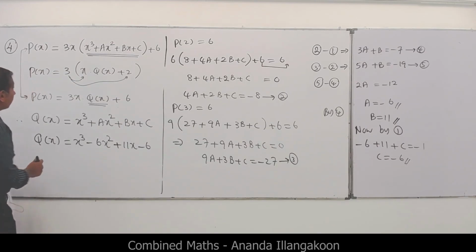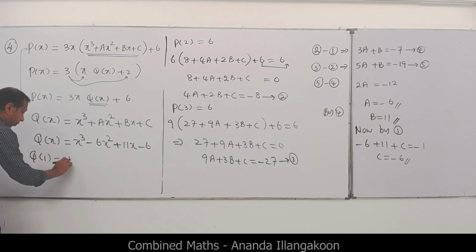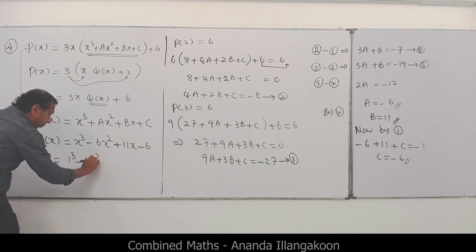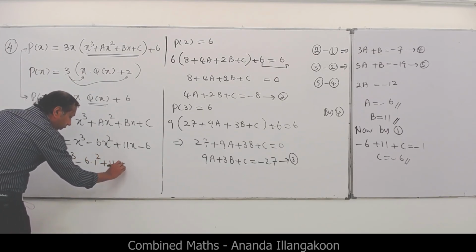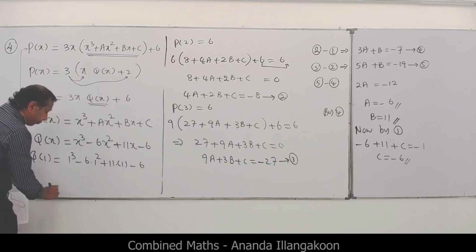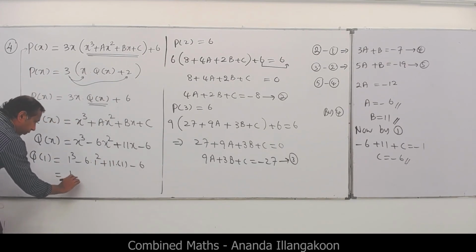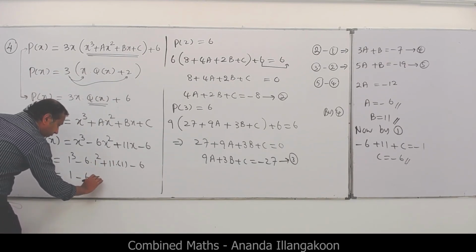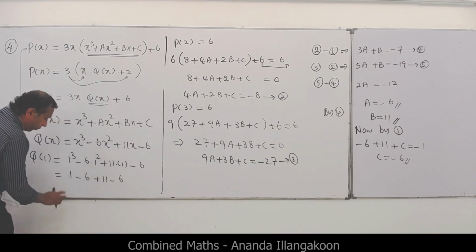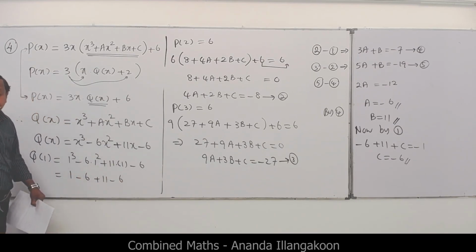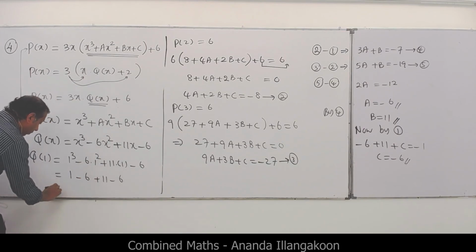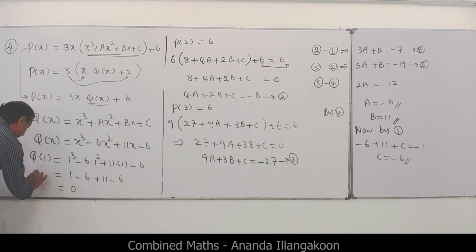Now when I put x equals 1, that we have already done. Anyway, Q1 we can write: Q1 is going to be 1 cube minus 6 into 1 squared plus 11 into 1 minus 6. Then we get 1 minus 6 plus 11 minus 6. 1 plus 11 is 12, minus 6 minus 6 is minus 12, so 0.